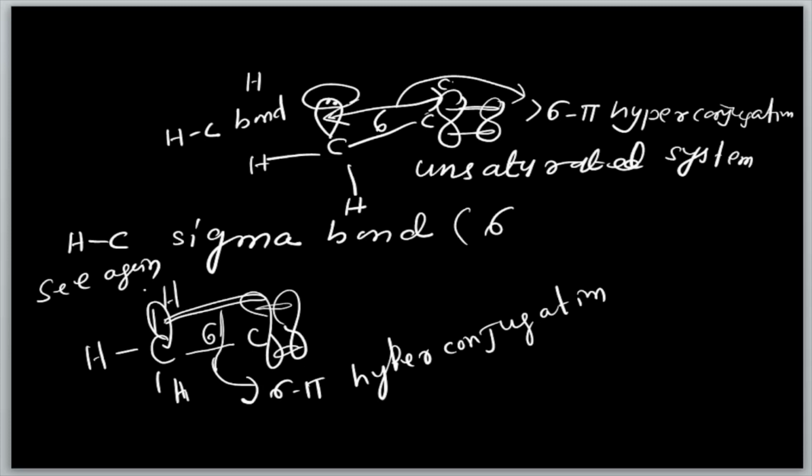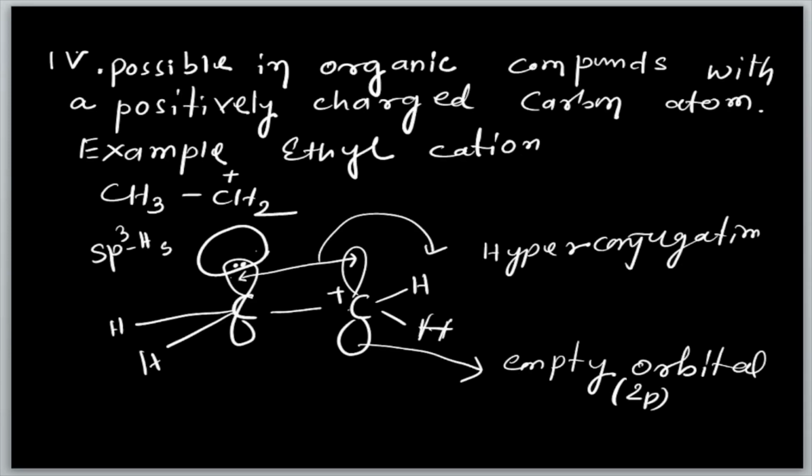Then if you come to this one, here you can observe it is possible in organic compounds with positive charge. In so many organic compounds in reaction mechanisms you observe a positive charge. What do you mean by positive charge? Positive charge means loss of electron.